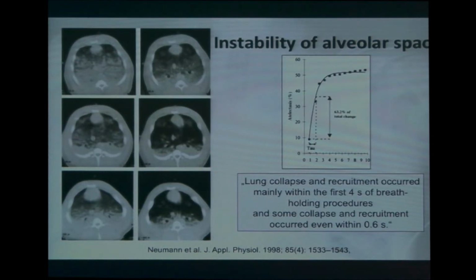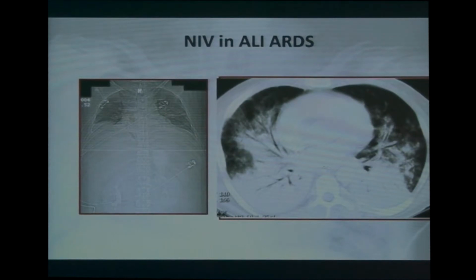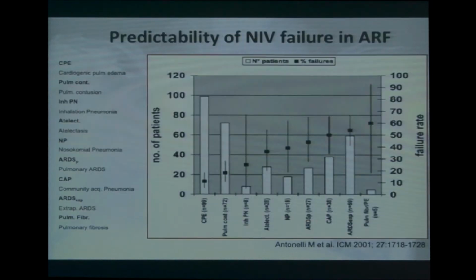And with the intermittent application, such as non-invasive ventilation, we will not be successful in getting these lungs stabilized over time. So that's the reason why we are not that efficient in primarily hypoxemic respiratory failure patients.